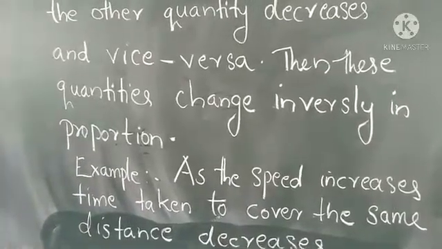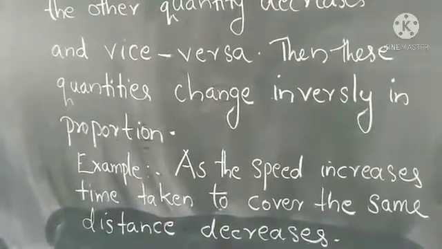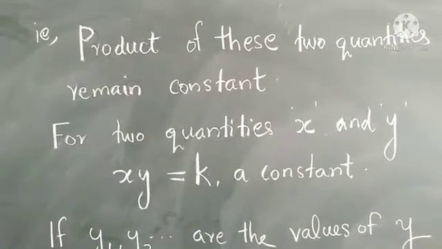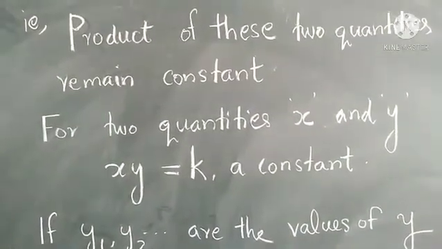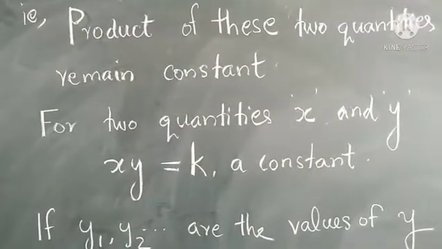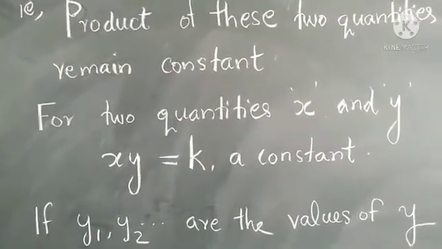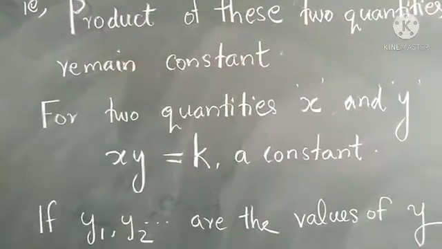So we can say that in inverse proportion, the product of two quantities remains constant. For two quantities x and y, xy is equal to k, a constant.